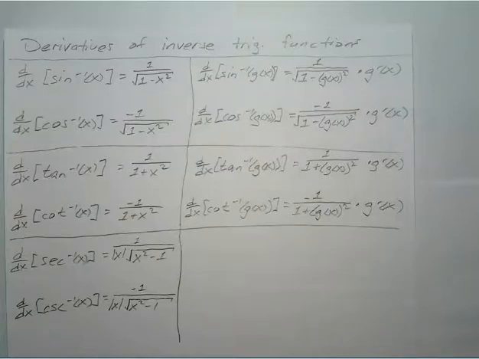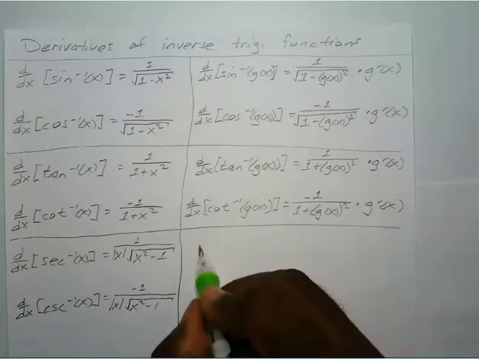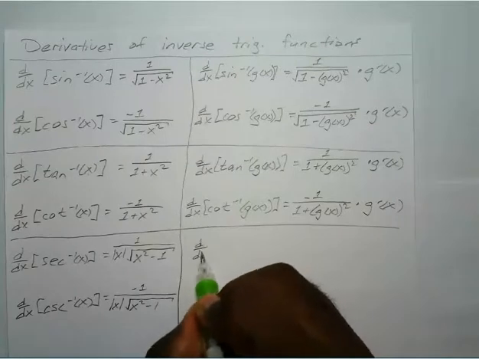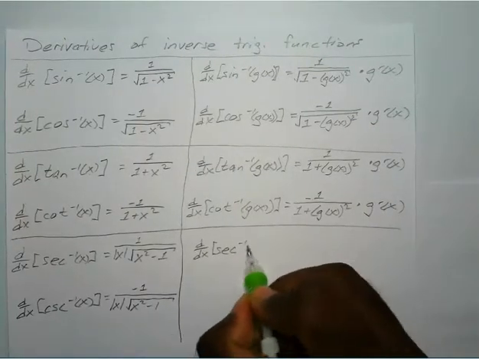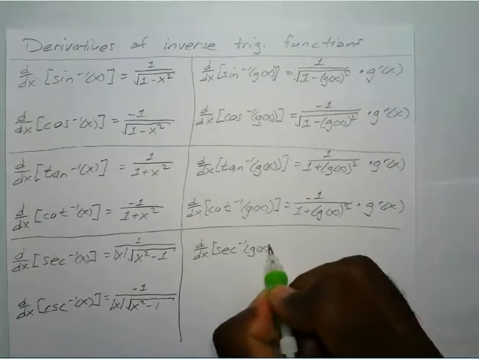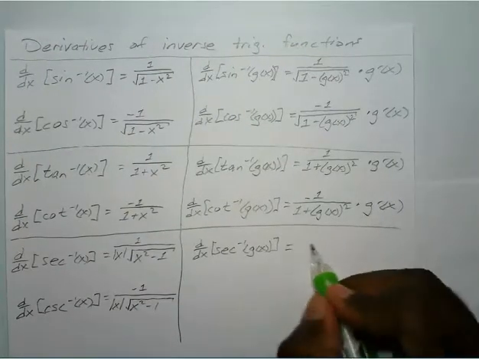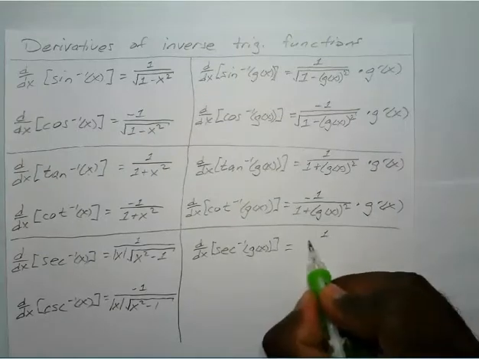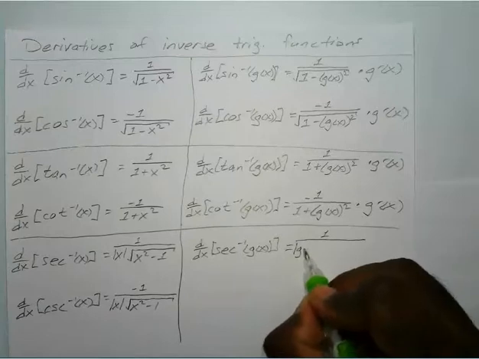Alright, so what if we are now looking for the derivative if you have a function of x? Same thing as up there. You have the derivative of secant inverse of a function of x. Then that's going to equal 1 over the absolute value of that function of x.